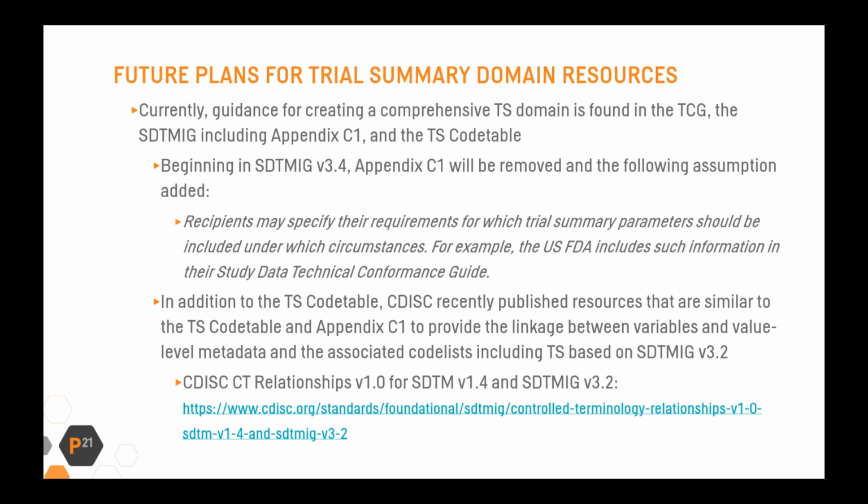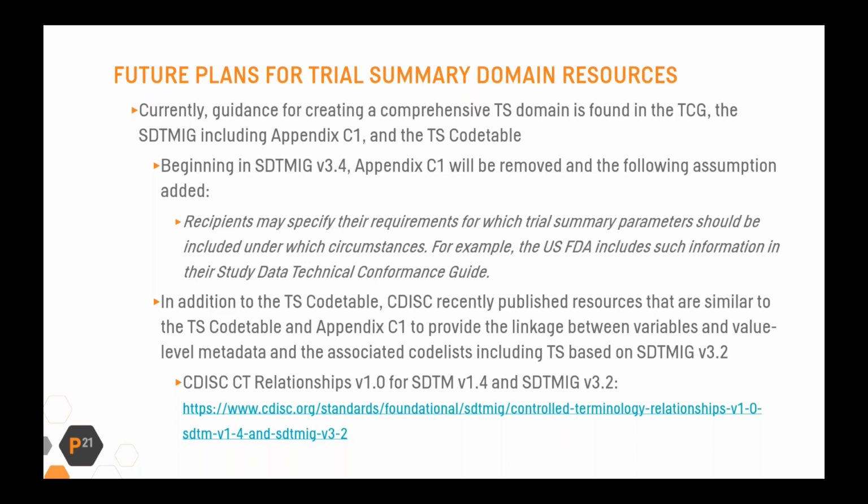But just wanted to point out that beginning with the SDTMIG version 3.4, which is not yet published, but is expected to be published by the end of this year, that Appendix C1 is going to be removed. And they added an assumption to explain why. It basically says that recipients, meaning regulatory agencies, determine which trial summary parameters should be included under which circumstances.